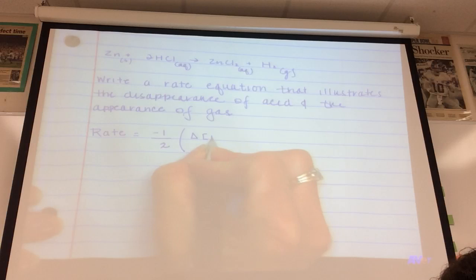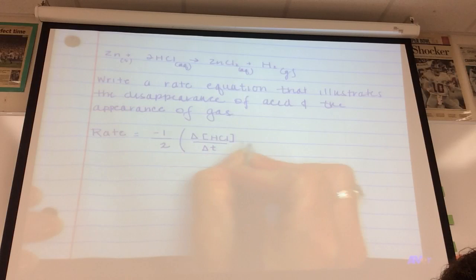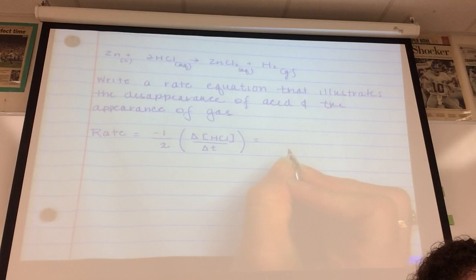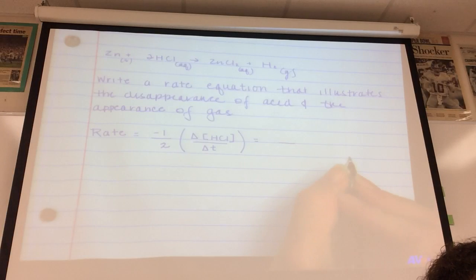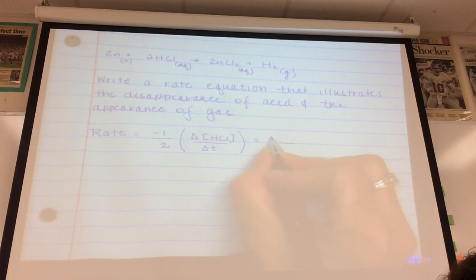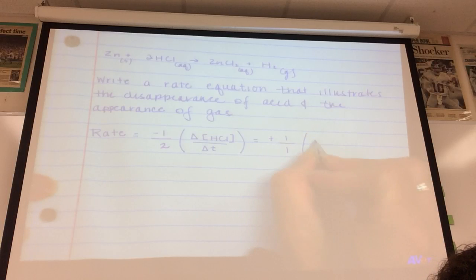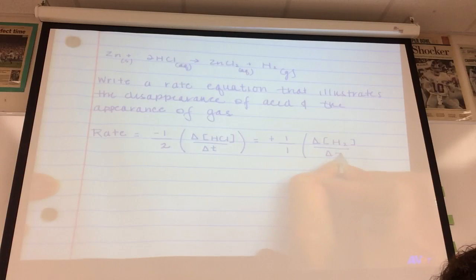Change in concentration over the change in time. Which is the gas that appears? Hydrogen gas. A product is +1 over its coefficient. Change in concentration over the change in time.